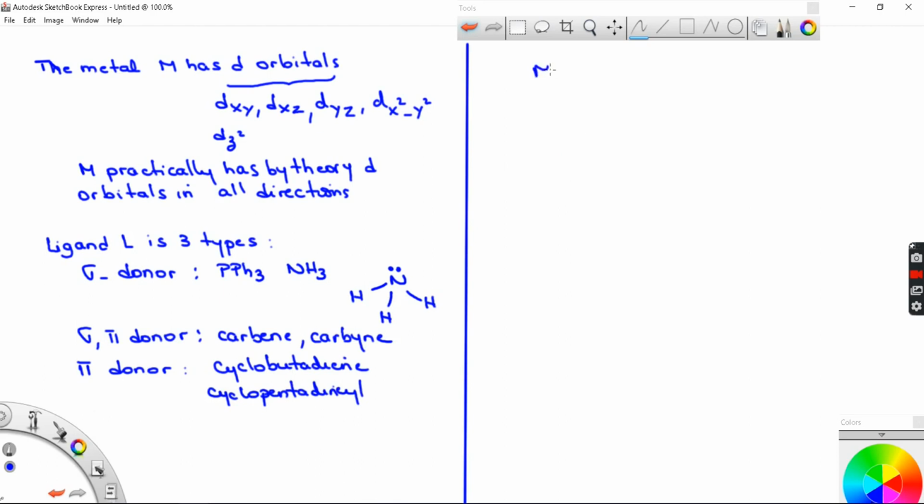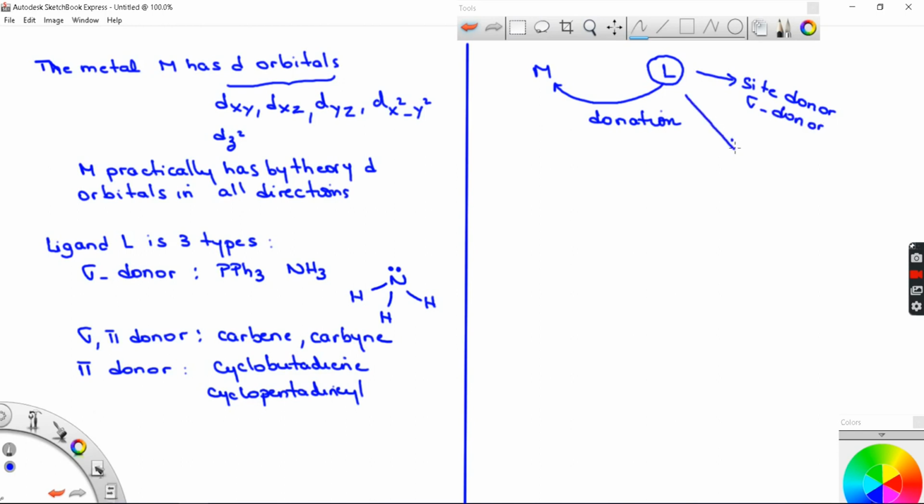The bond M-L takes place when electrons from L are donated to M. The ligand L has a site donor, so it's a sigma donor.